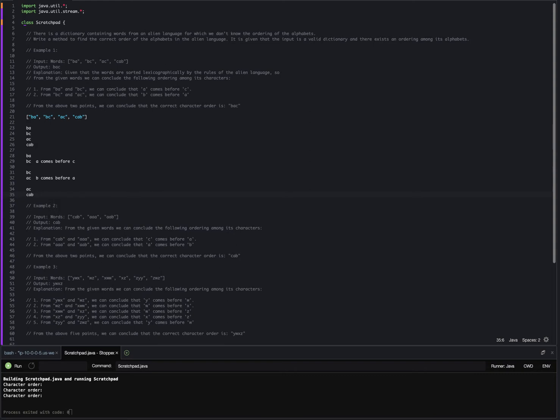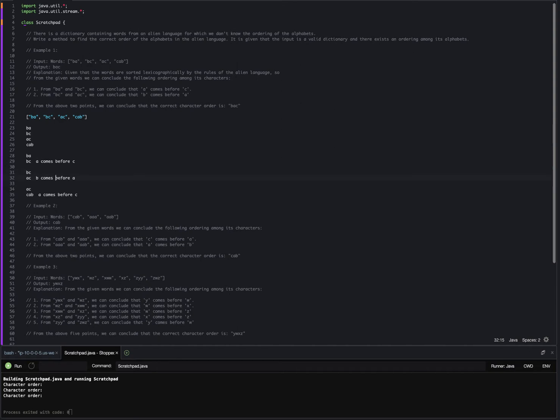Again, right off the bat, we see that the first character is different, and we say A comes before C, which we had already established before, right? In the first one, we saw that A comes before C.